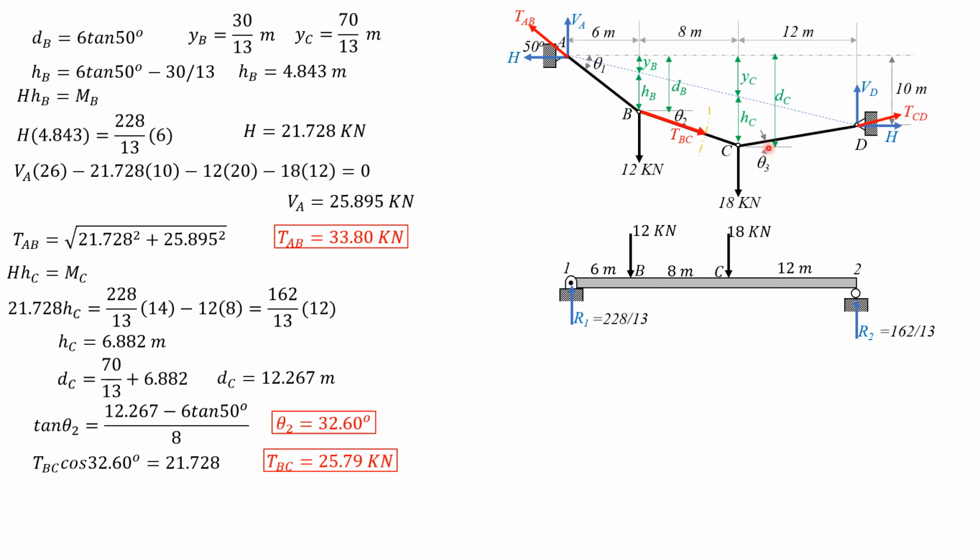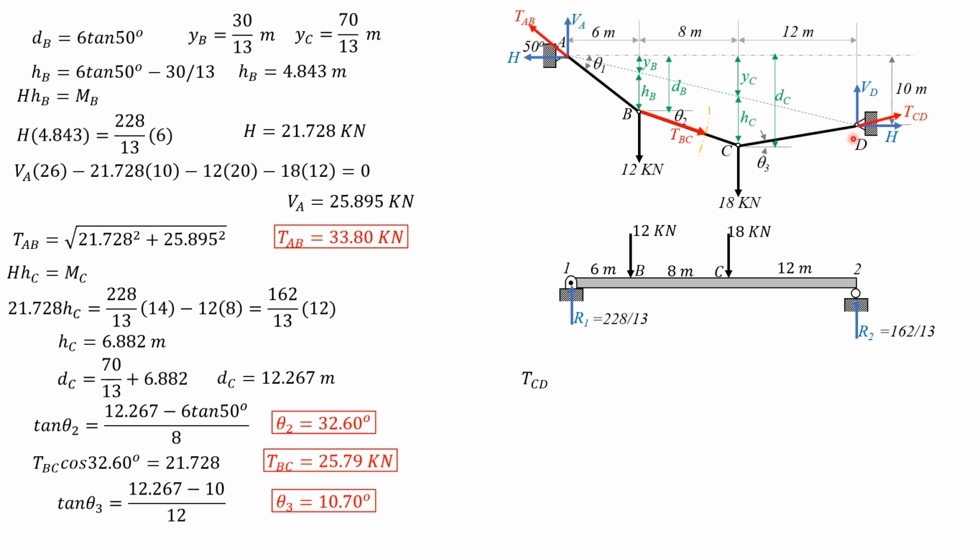Then tangent theta 3 is equal to D sub C, which is 12.267, minus 10, this vertical distance, divided by 12. So theta 3 is equal to 10.70 degrees. It was 10.69 before, so that's acceptable.